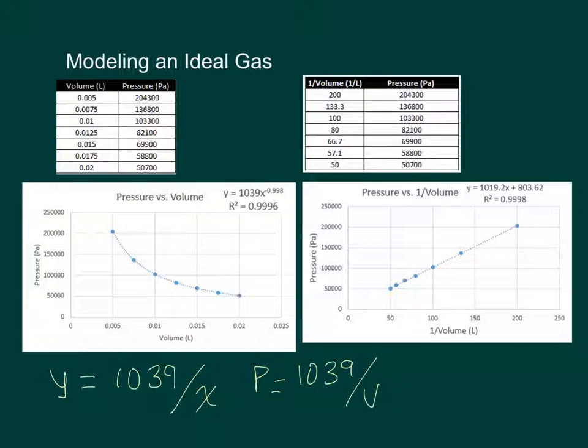So we've made this link that by increasing the average speed of the particles, the temperature seems to increase, and that results in an increase in pressure somehow, although they're all happening at the same time.